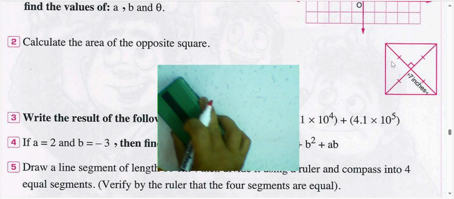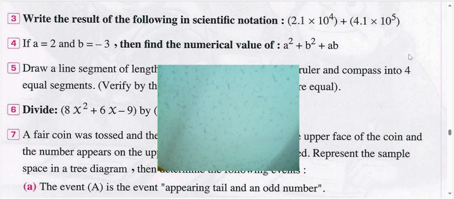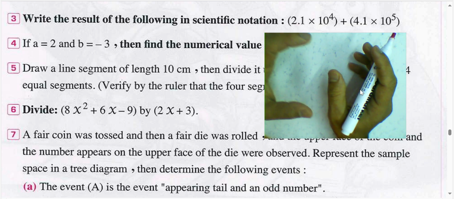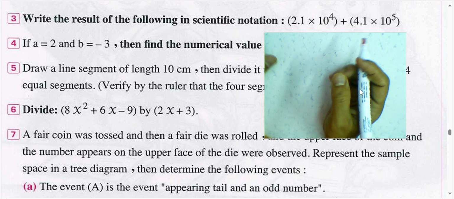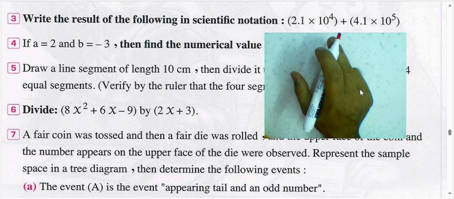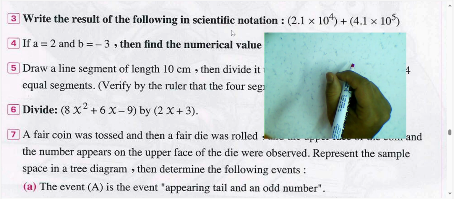Square inches. Next question here, number 3. Write the result of the following in scientific notation. We must convert this expression to a scientific notation. We can write 10 to the power 4 as the highest common factor between the two terms: 10 to the power 4 and 10 to the power 5 can be divided by 10 to the power 4.